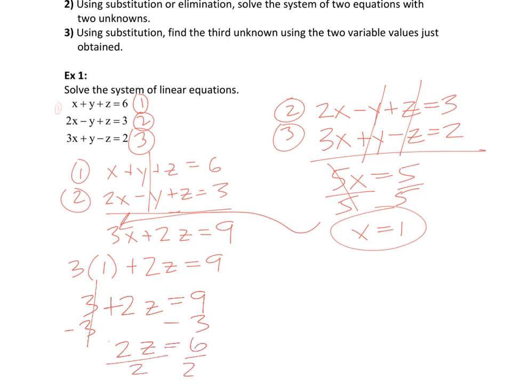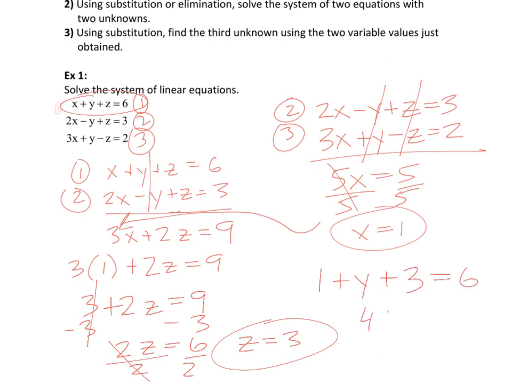Divide by 2, and z is equal to 3. Alright, I have x and z. Now I could just plug them into, say, the first equation here and solve for y. So I have 1 plus y plus z, which is 3, is equal to 6. So I have 4 plus y equals 6. Subtract 4, and y is equal to 2.